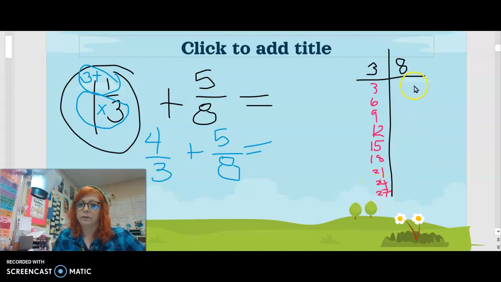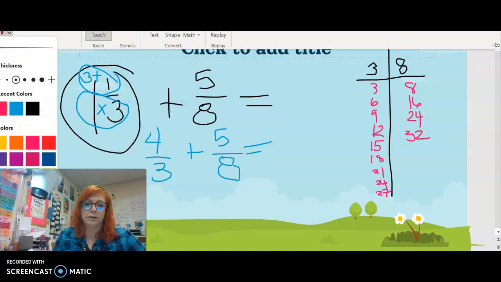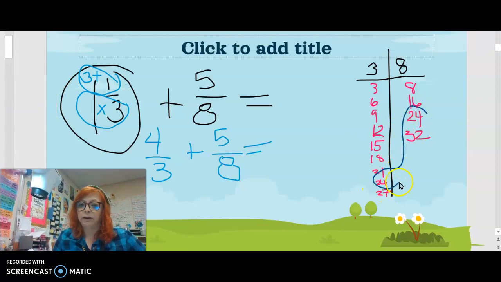Okay, and then we do 8. 8, 16, 24, 32. Oh, I see it. Do you see it? Awesome. What is it? Tell me. That's right. It's 24. So now I come over here and I make my arrows down.